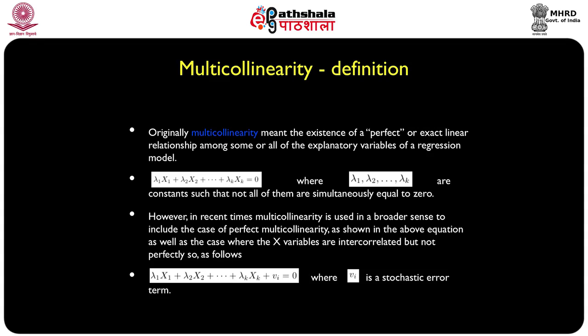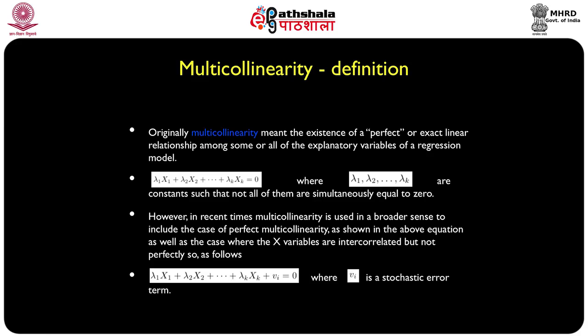However, in recent times, multicollinearity is used in a broader sense to include the case of perfect multicollinearity as shown in the above equation, as well as the case where x variables are intercorrelated but not perfectly so, which can be written as follows. We can write a linear combination of the explanatory variables x1, x2, ..., xk, and in addition we have a stochastic error term vi.